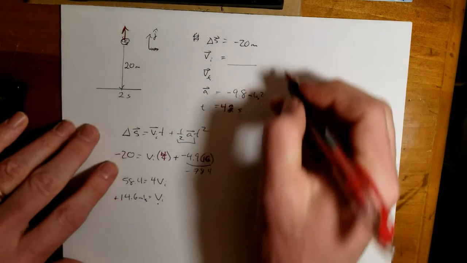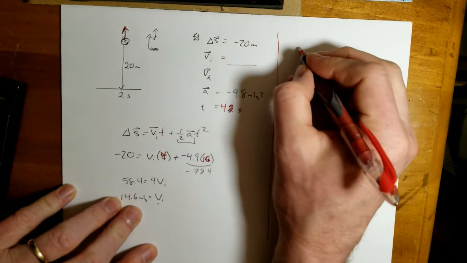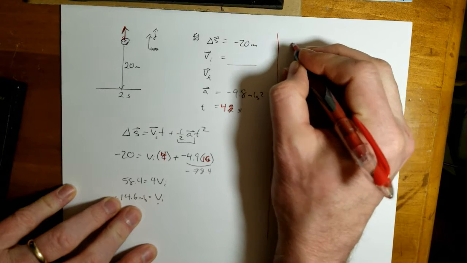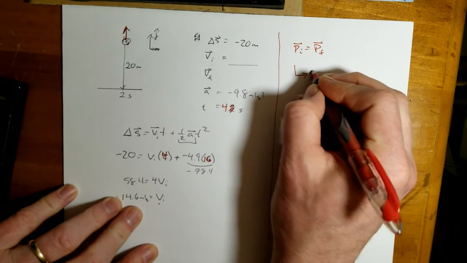So now it becomes a conservation of momentum problem, because I know momentum is conserved, that my initial momentum is equal to the final momentum. I can break it up into my I and J components.